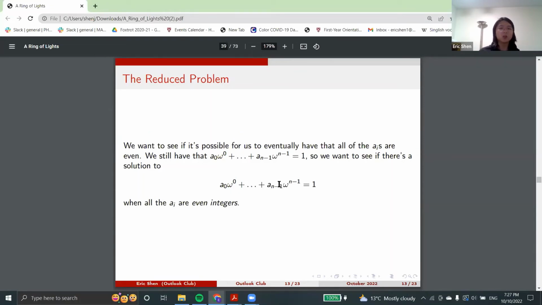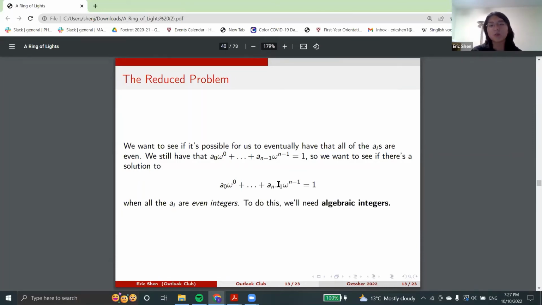But if there is no solution here, then this invariant already tells us that it's impossible to use these polygon operations to get to the final state that we want, and the problem is already solved. So basically, we've reduced this problem to this final equation here.